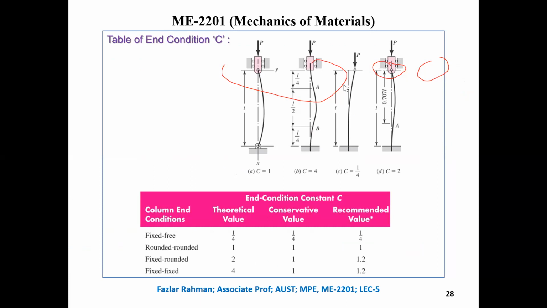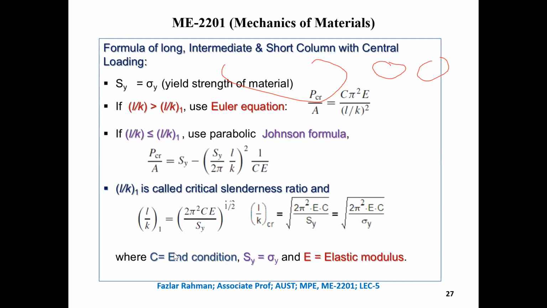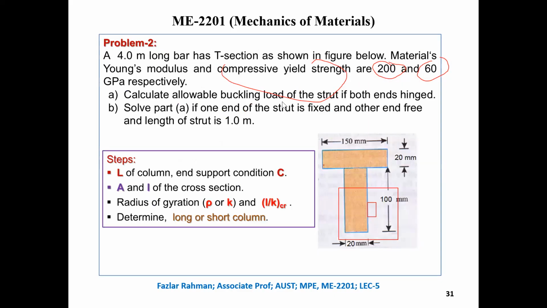And here is the formula for it. So we need the value of E and also sigma Y, that means the compressive yield strength. In this question, it's already given, so you can use it directly, right?